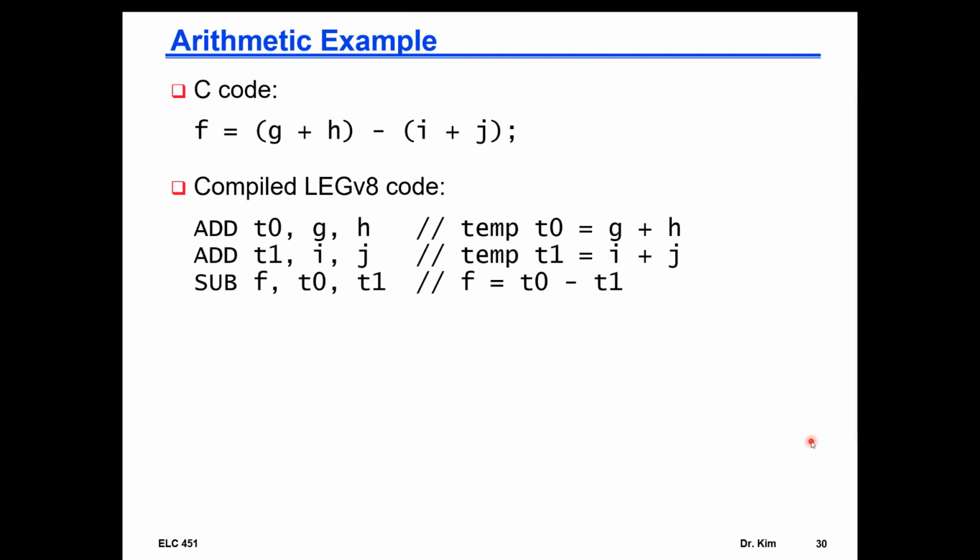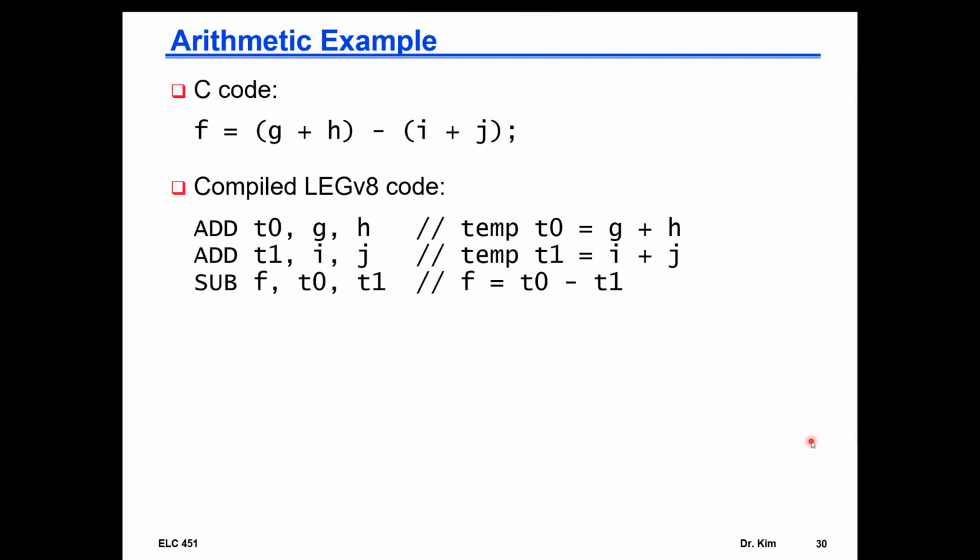Then it could add H and I and J and put it in register T1, and again they are associated with preloaded registers.